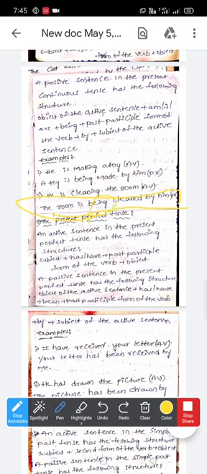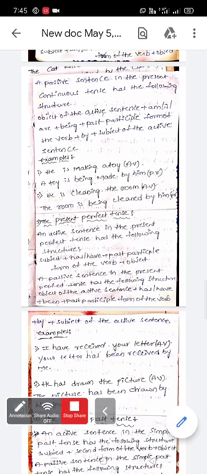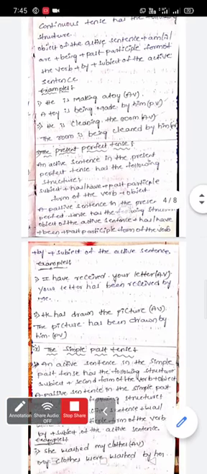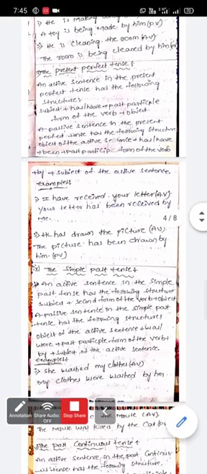Okay, then we are going to explain the present perfect tense, the third one.